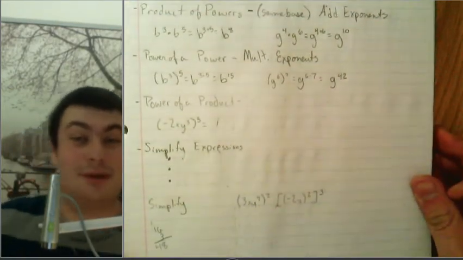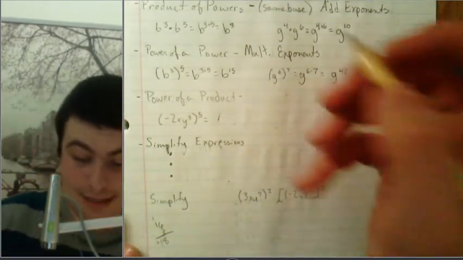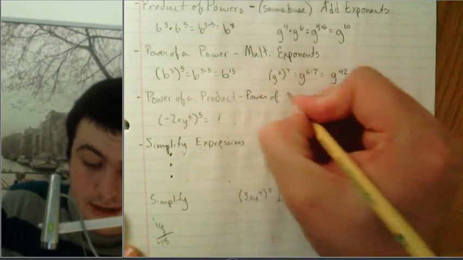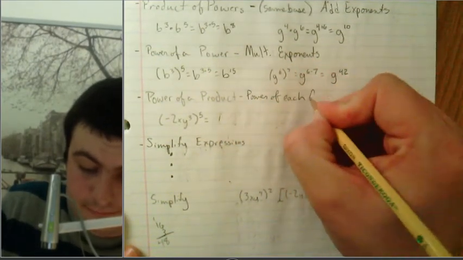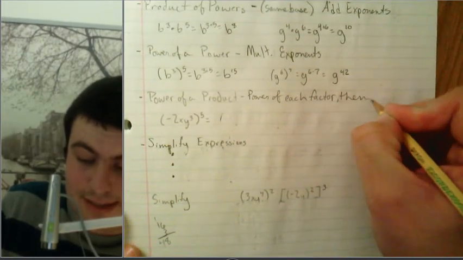Now, when we have the power of a product, we're going to take the power of each factor, then multiply it all together.